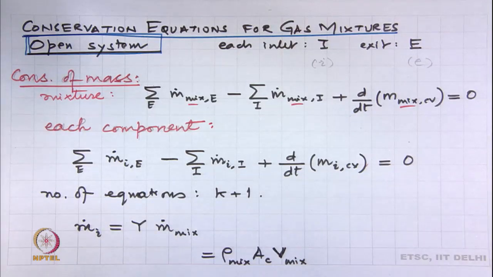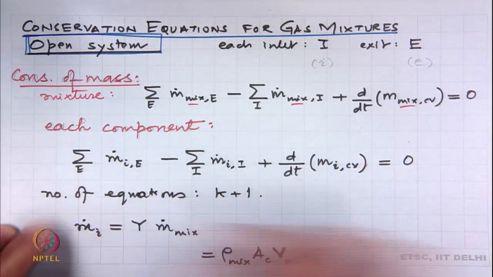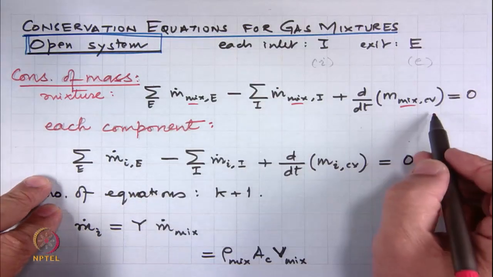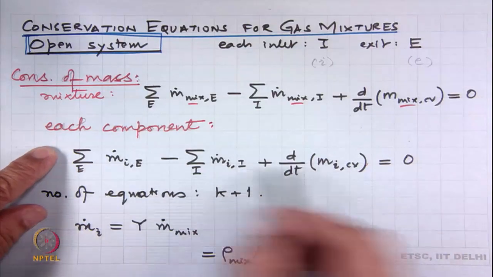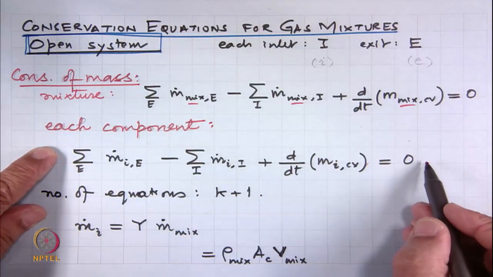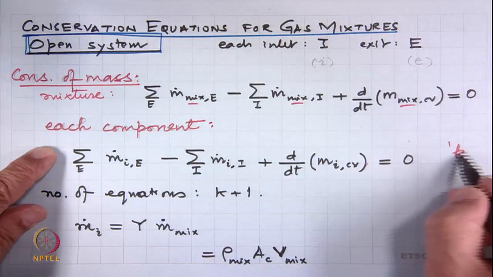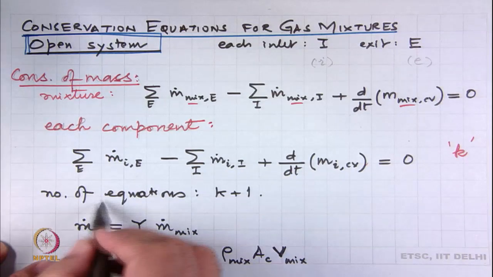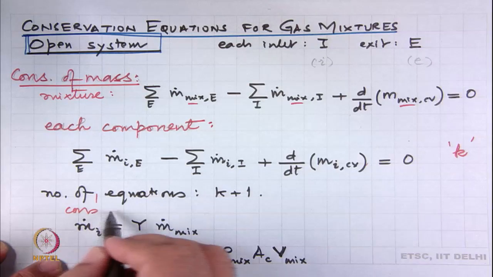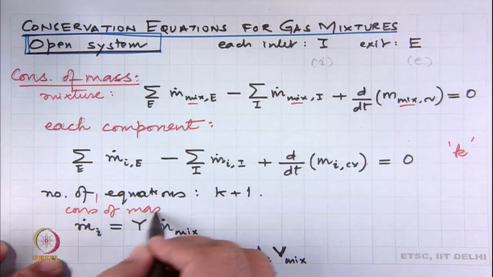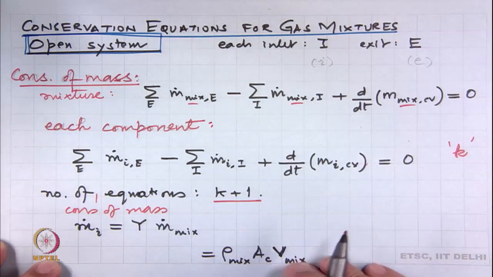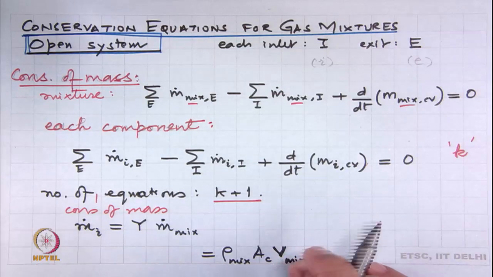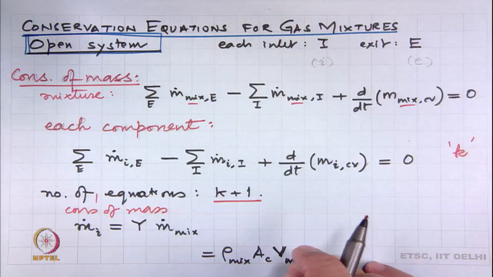So, what it means is that we have one conservation equation for the mixture and one equation each for the k components that are there in the mixture. So, the total number of conservation of mass equations is k plus 1, and this is a major change from a pure substance being considered.